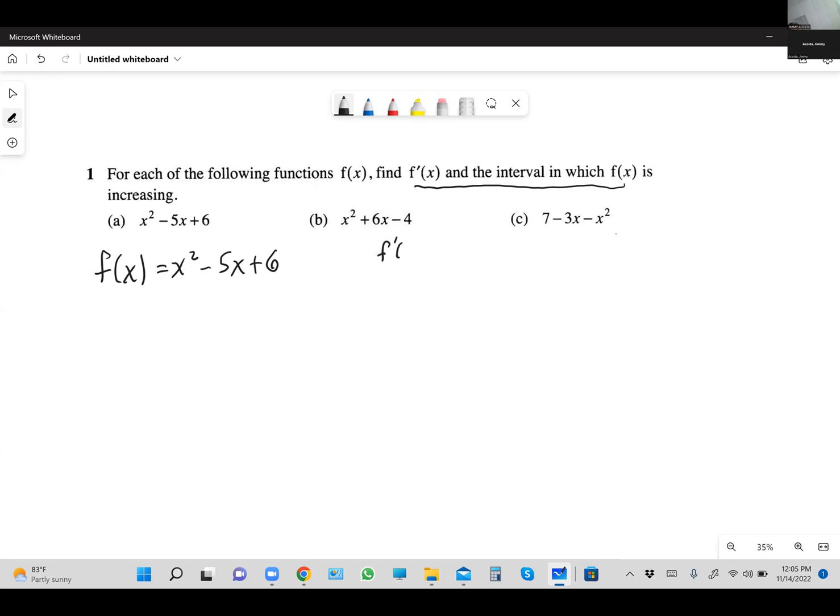If f prime of x is less than 0, we say the function is decreasing. If f prime of x is greater than 0, we say the function is increasing. If f prime of x equals 0, we say the function is stationary at that point.